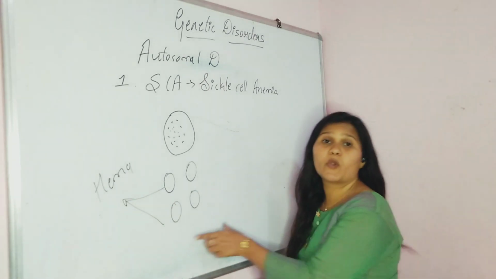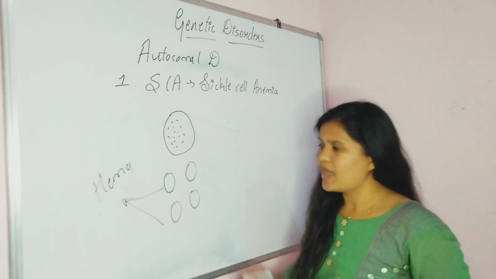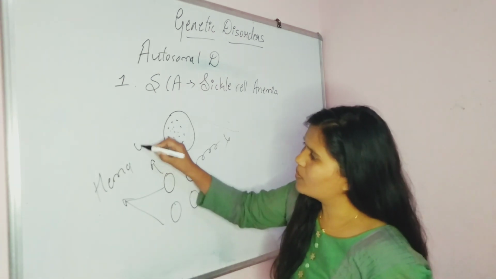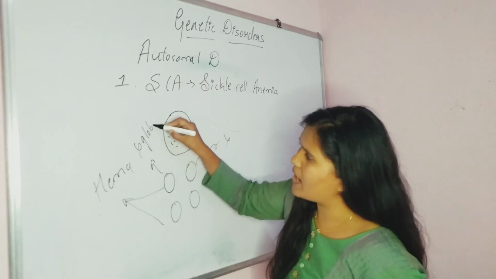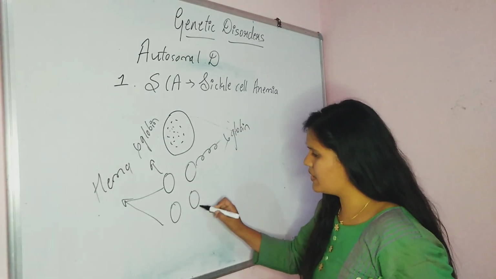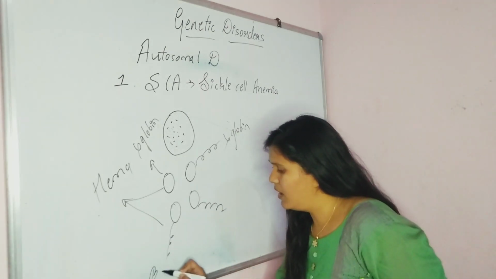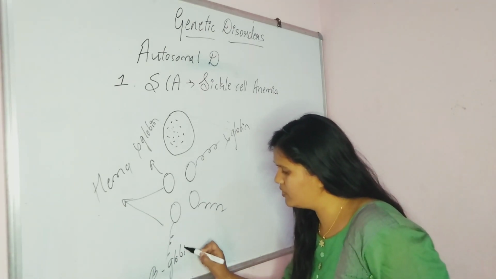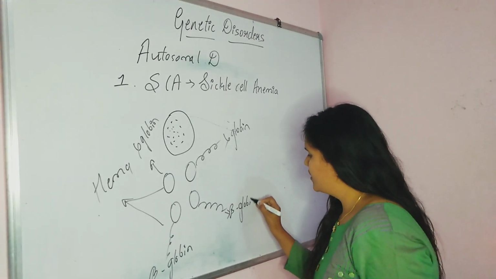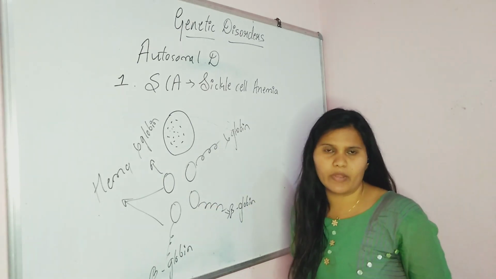And this will produce the protein globin, that is called the hemoglobin. These two chains will produce the alpha globin, and the remaining two chains will produce the beta globin. So this is the correct or normal structure of the hemoglobin, okay?